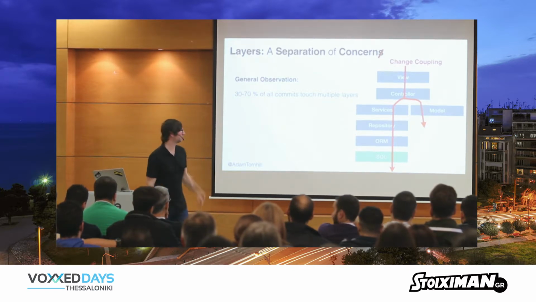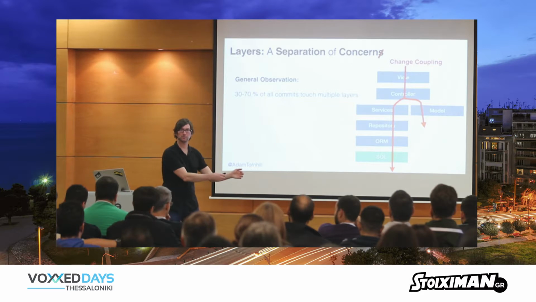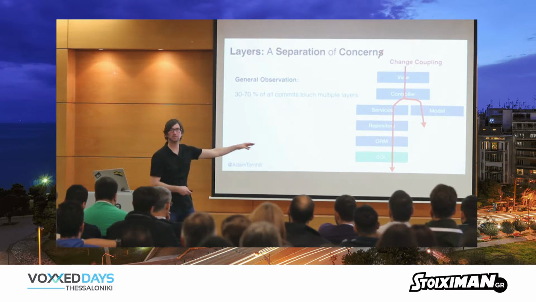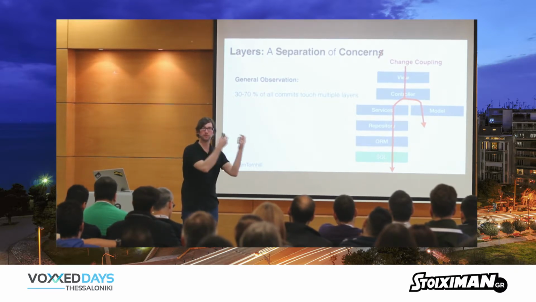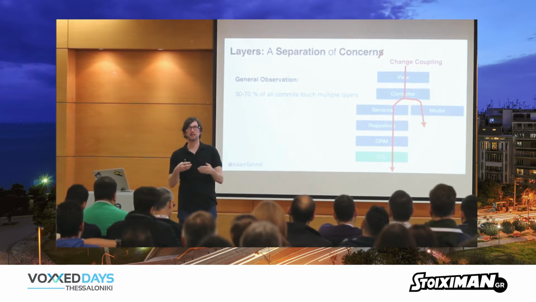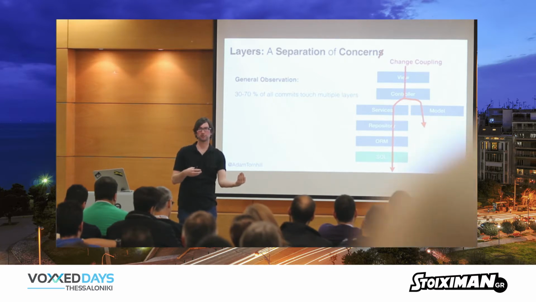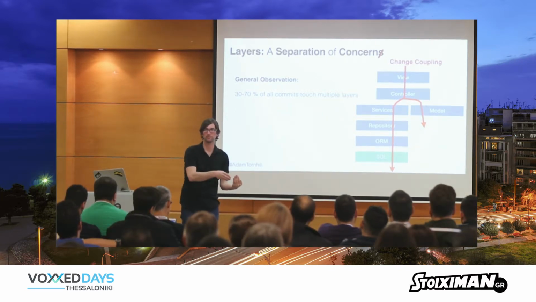However, it's a separation of technical concerns. These are all technical building blocks, but the work we do, the features we work on, they are problem-oriented, they are feature-oriented, they're oriented towards the end user's view. So there is some kind of imbalance between what the architecture expresses and the work we actually do.